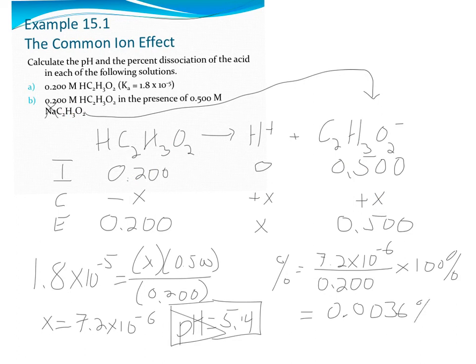So incredibly small. That percentage, in the presence of a common ion, we can see here, this is our proof, the equilibrium shifted. That X value is a lot smaller than it was before. It's negligible to the acetic acid and the acetate ions, and then the percentage went from about 1% to 0.003%.